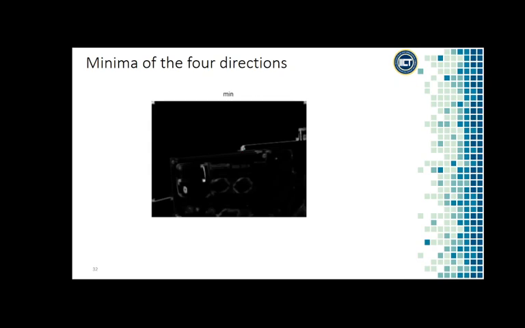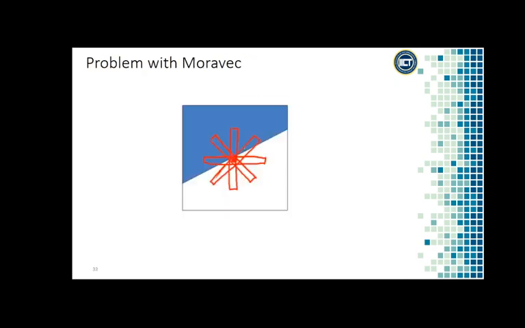The problem with the Moravec detector is, in this case, if you consider this horizontal and vertical and diagonal, all of them will respond 0 because we will get the variance here as 0. And this is not a corner, this is a kind of step edge, but a uniform step edge.